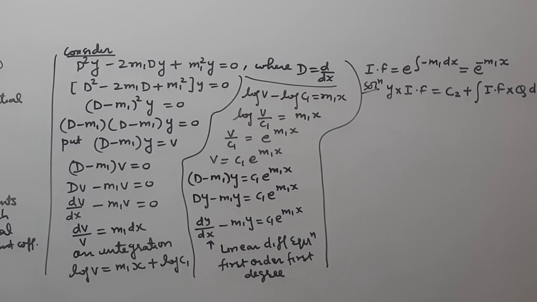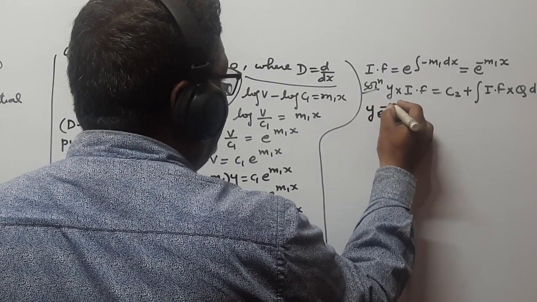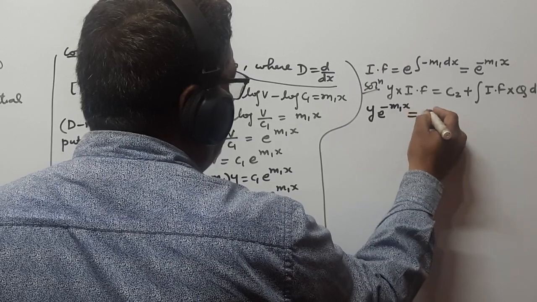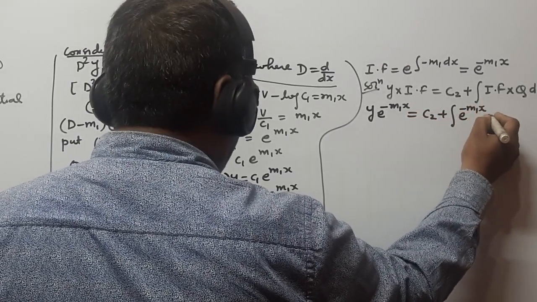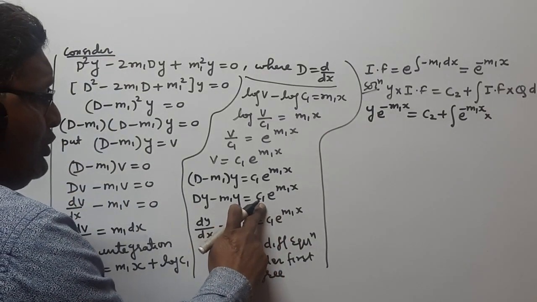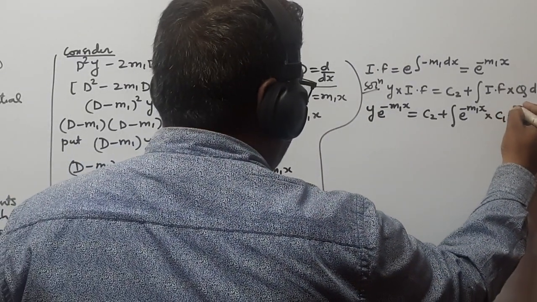Put in the value of integrating factor here, so we get y times e to the power minus m1x is equal to c2 plus integral of e to the power minus m1x, and q you can see here, q is c1 e to the power m1x.